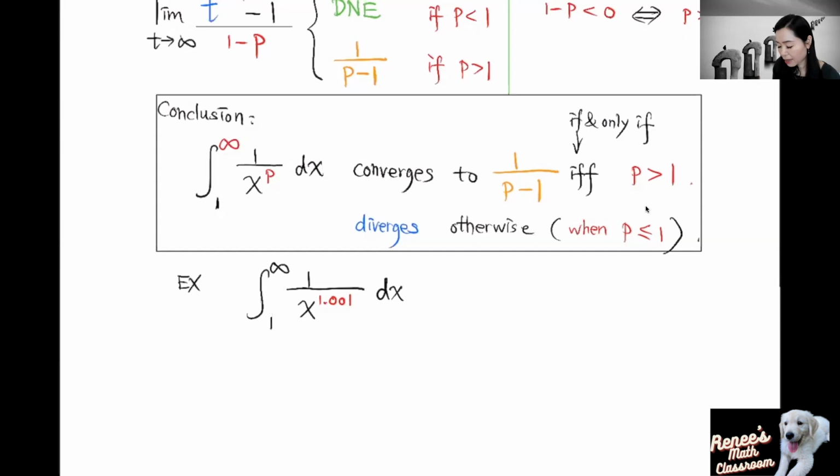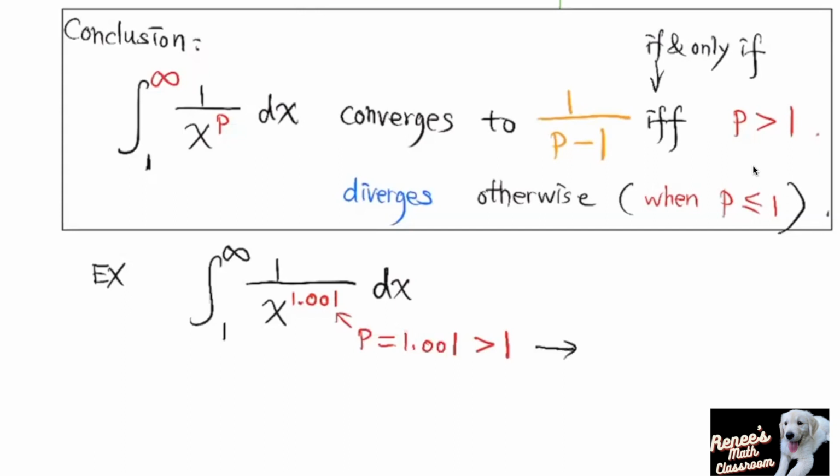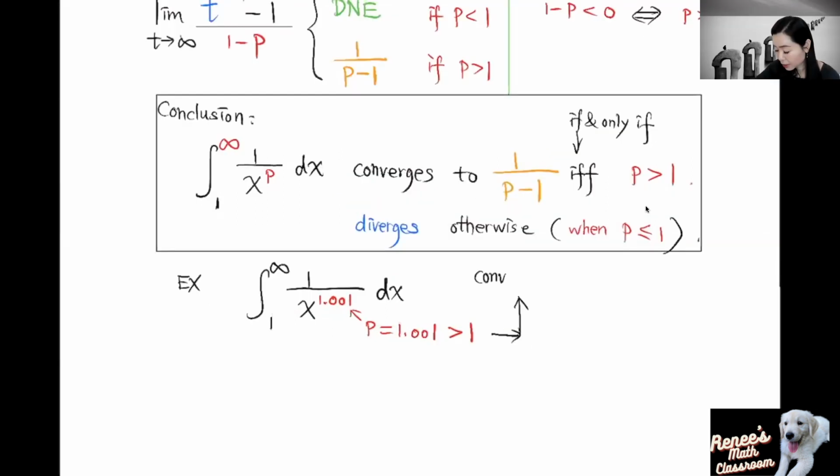It says that when p is greater than 1, then it converges. So what is the p over here? The p over here is 1.001, which is greater than 1. So convergent or divergent? Convergent. Convergent, right? So it is actually going to converge. Okay, and we also can figure out what it converges to.